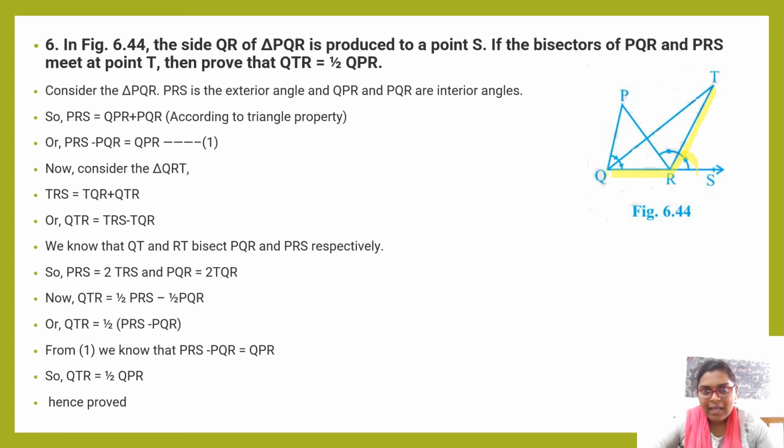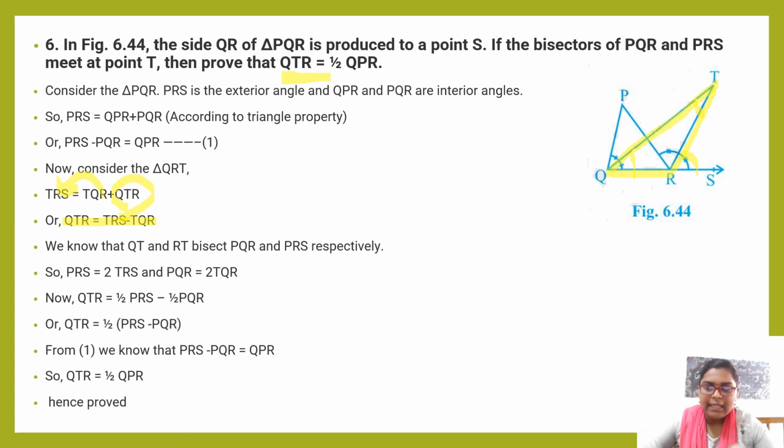So TRS is equal to the sum of the opposite interior angles, which is TQR and QTR. If you add these two angles, you will get the exterior angle. So by above, the same thing we did. QTR is equal to, why I am keeping QTR? Because QTR is involved here. So I am keeping QTR here. So this TQR will go this side, it will become minus. So TRS minus TQR. Okay?